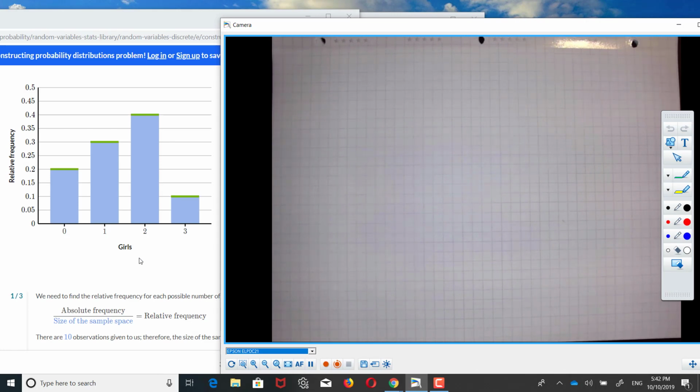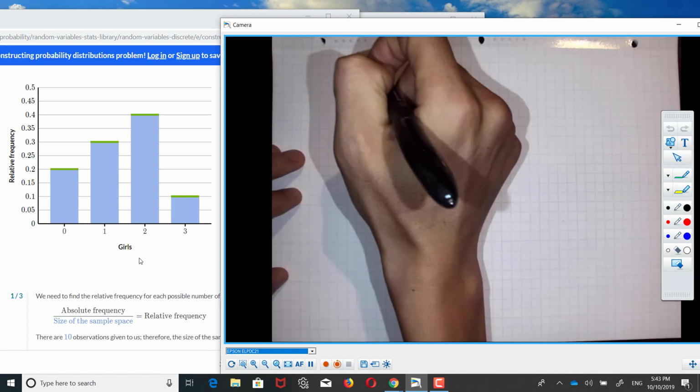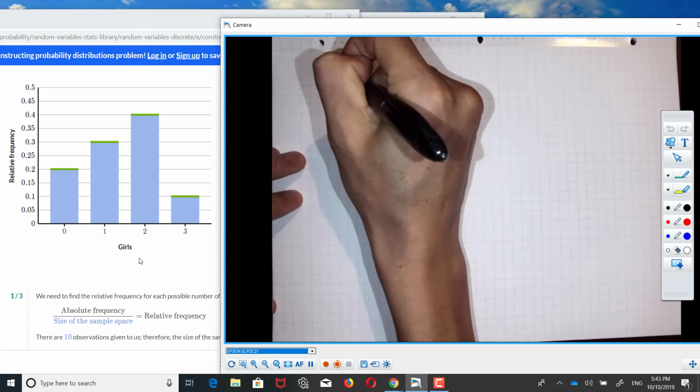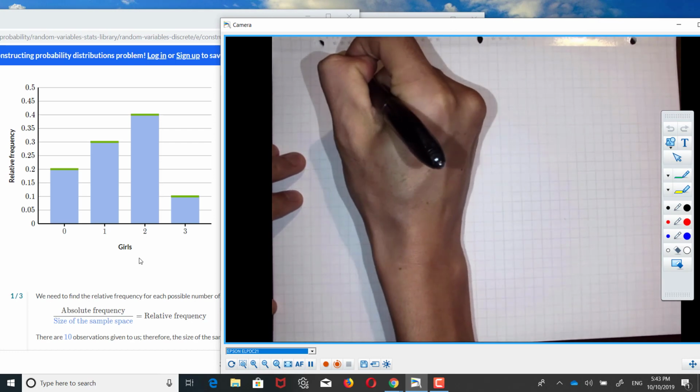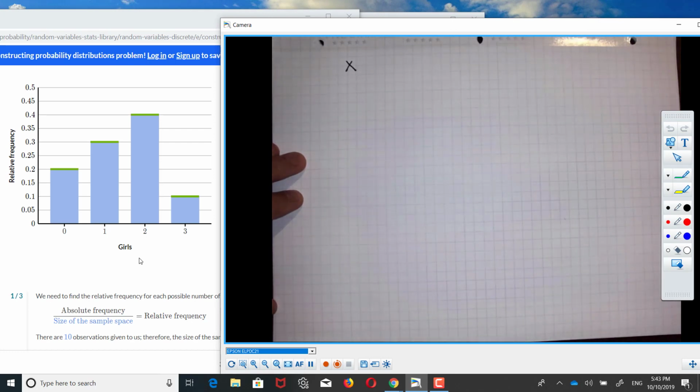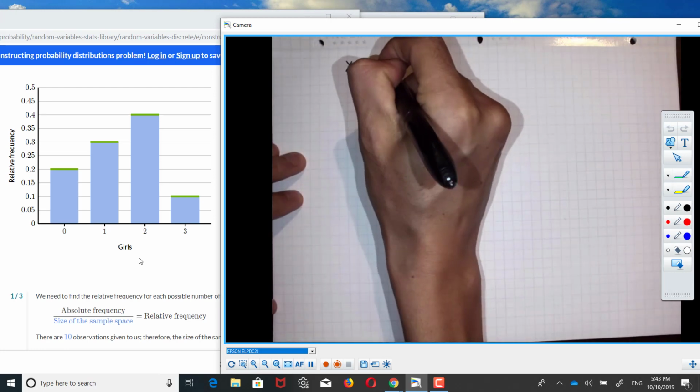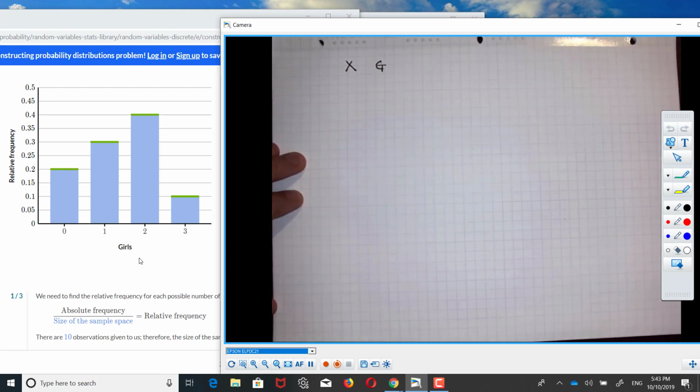So you know that first you always think about the name of your random variable. In this case, the number of girls is your random variable. We can use either X or G, where G stands for number of girls. It's just a variable name, so you can choose any variable name you want: X, G, A, B, C. It's really up to you.